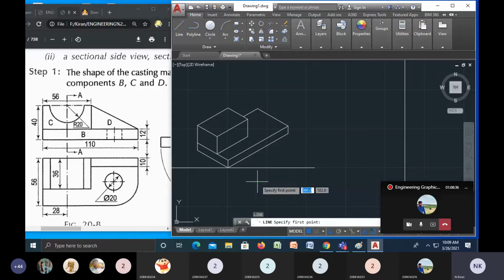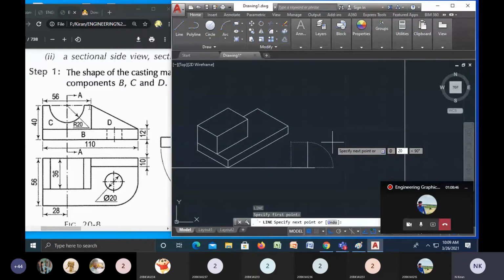L enter. From this point, at the rate 20, I am making an iso circle for this one. Okay, this is your R20. So at the rate 20, angle 30. L enter.